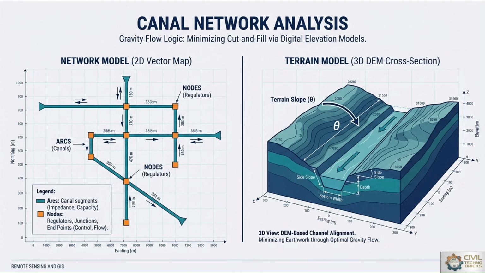From a civil engineer's point of view, this digital alignment process is significantly faster than manual surveying. This allows for the immediate calculation of cut and fill volumes, which are critical for budgeting and material management during the construction activity.